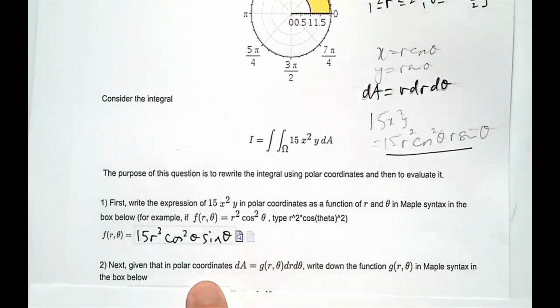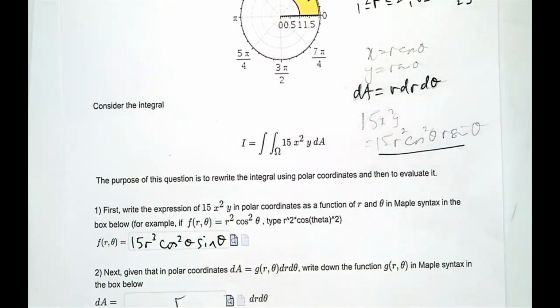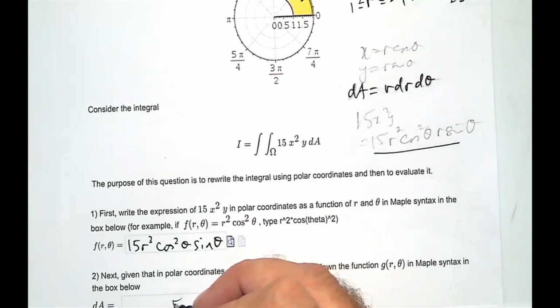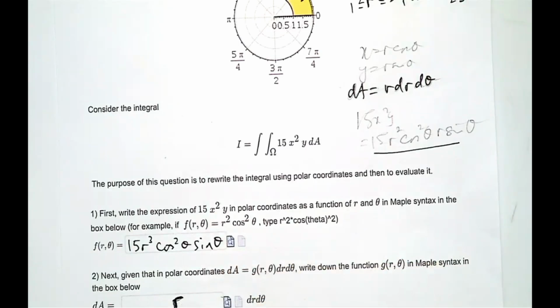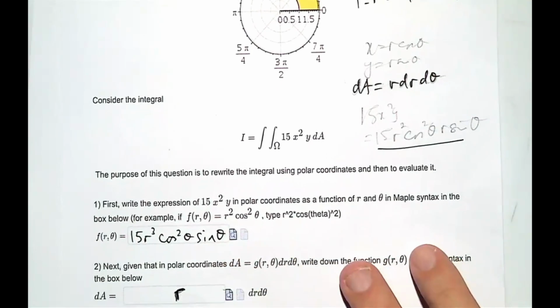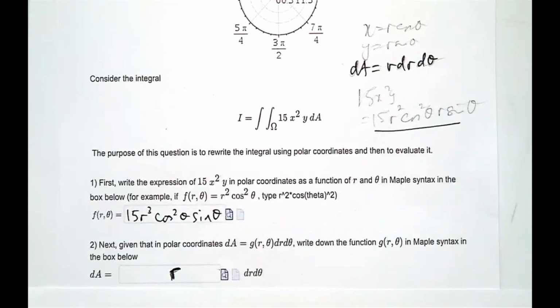What would the function be? r. When I was inputting that, I wasn't sure whether to put the multiplication sign. I didn't, and it was right. So I think that's the way they want you to enter it.